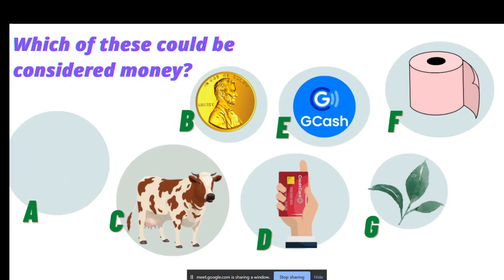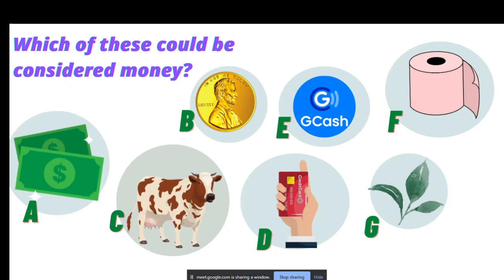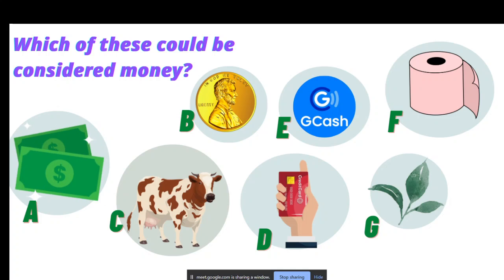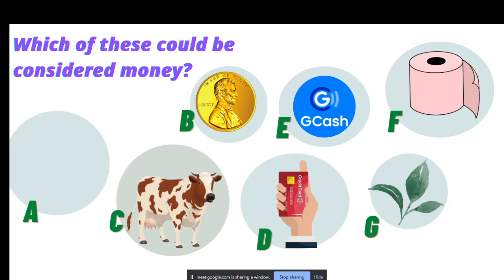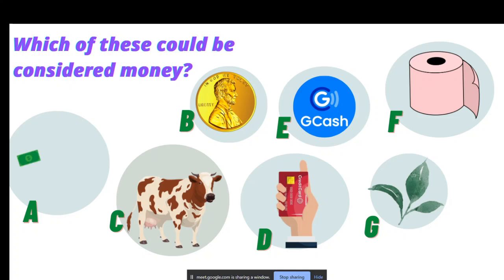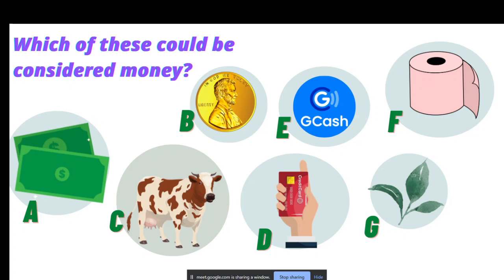Yes? Ano yung hindi pwedeng masabi na pera siya? F or I. Yes. Tama. Okay, and then the other one is? G. Okay, very good. Okay, wonderful. So you have F as well as G. Ayan. And thank you so much, Chloe.